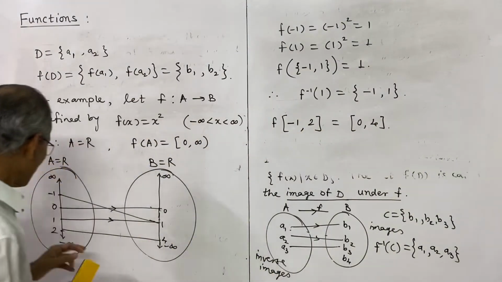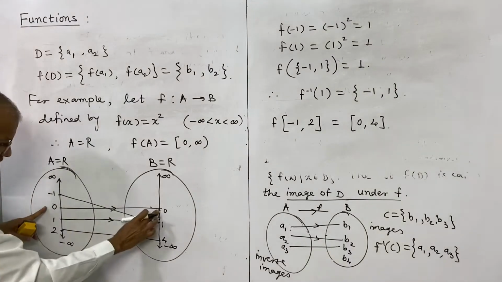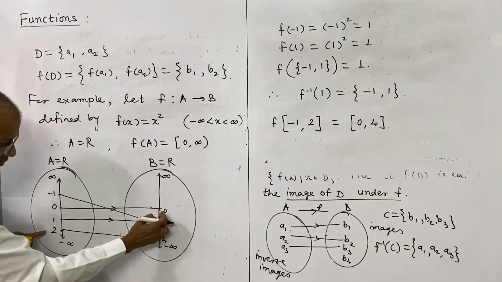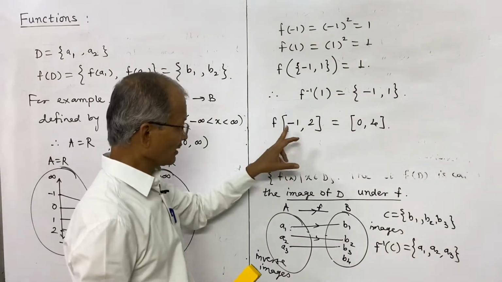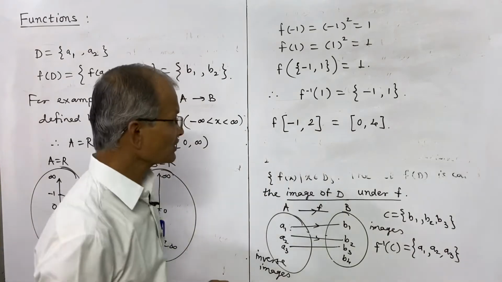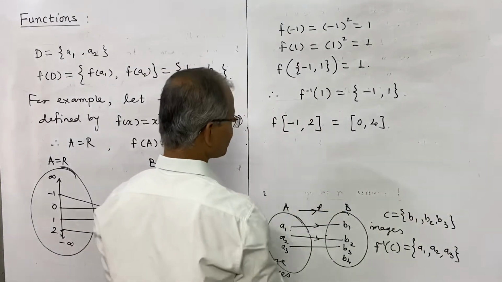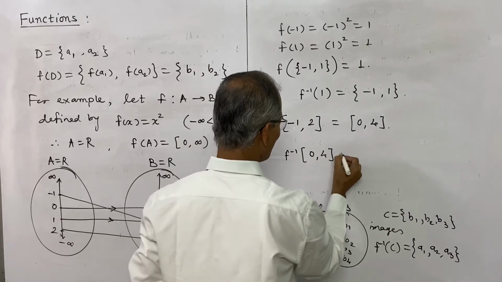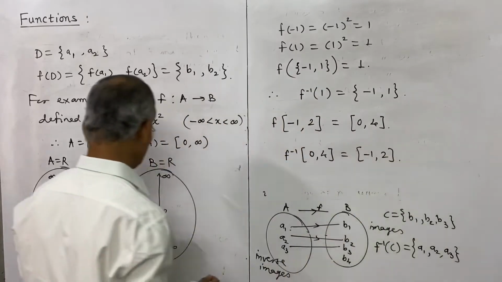Note this: minus 1 square is 1, 0 square is 0, 1 square is again 1, 2 square is 4. So the f image of the closed interval minus 1 to 2 is the closed interval 0 to 4. And likewise the inverse image of 0 to 4 will be equal to minus 1 to 2 under this mapping.